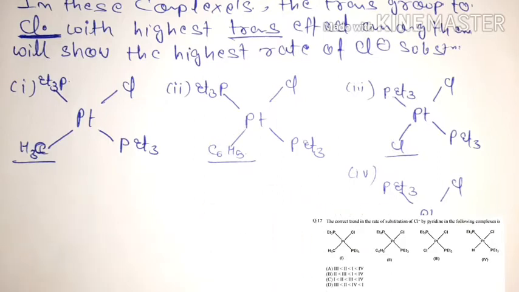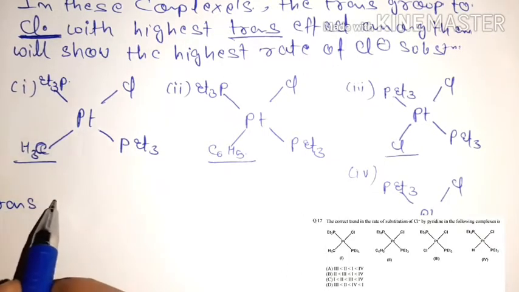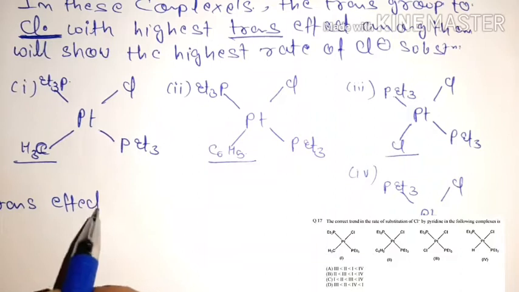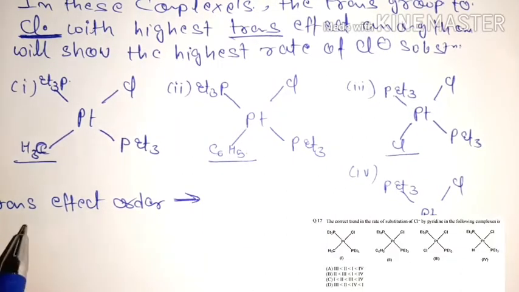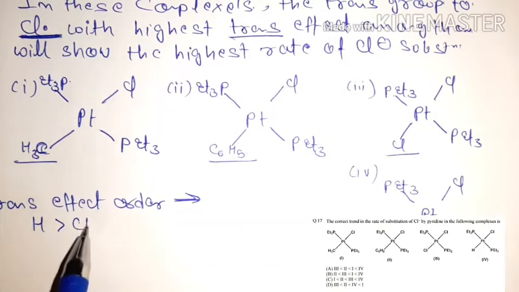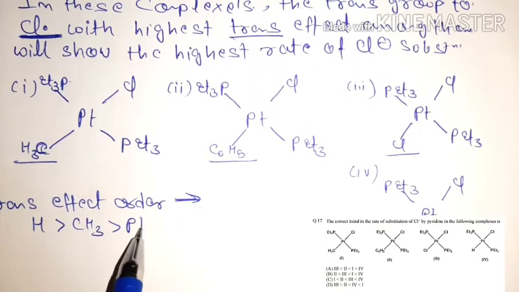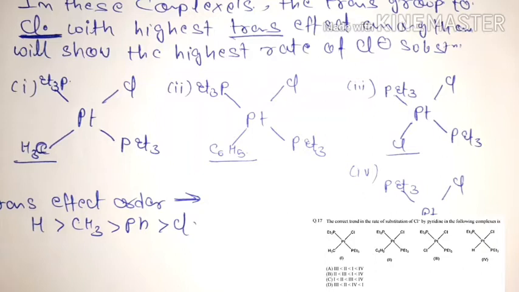So according to your trans effect series, the trans effect order will be, see, hydrogen is greater than CH3 is greater than phenyl is greater than chlorine. This is the trans effect order, and we say that the ligand which shows highest trans effect among them will show the highest rate of chlorine substitution.